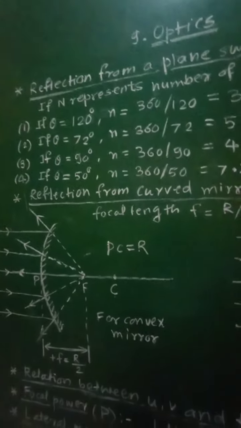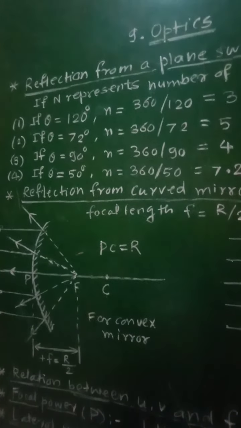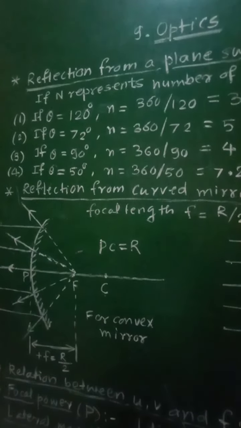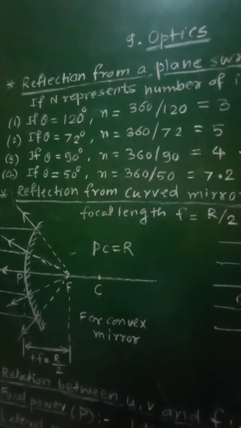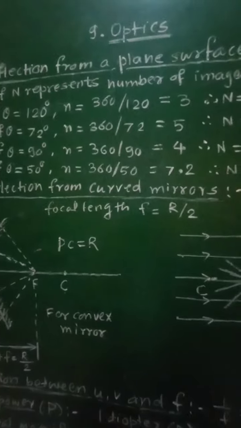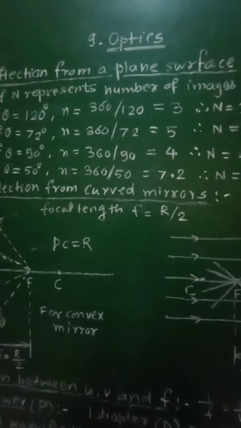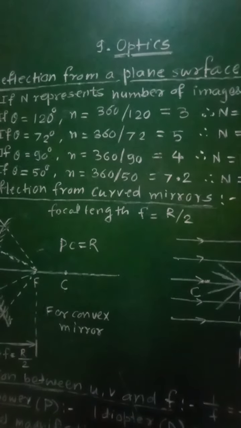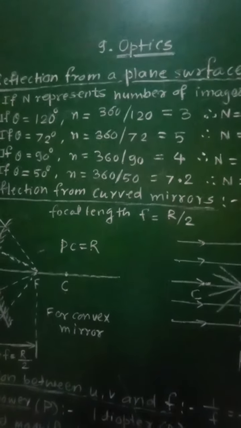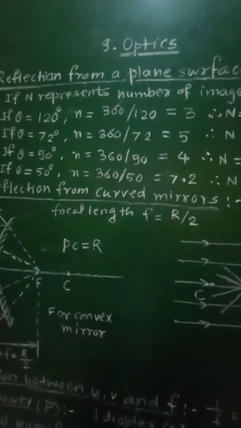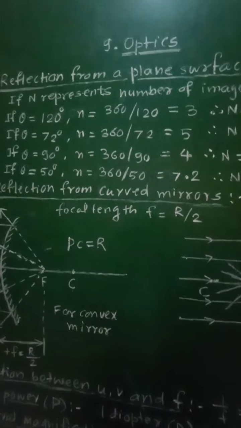Again we will discuss four different cases. If small n is an odd integer, then the number of images seen, capital N, will be equal to small n minus 1, and the object is exactly on the angle bisector.